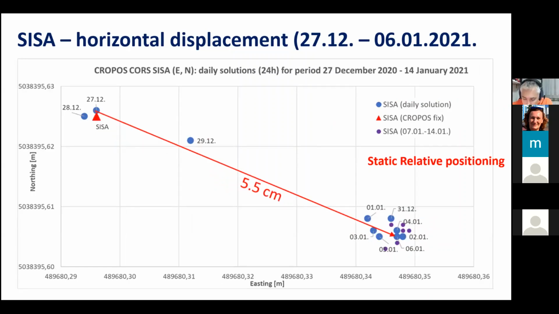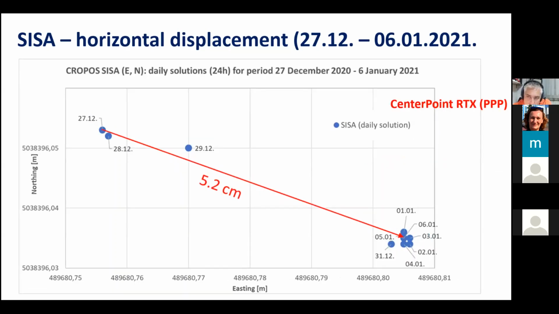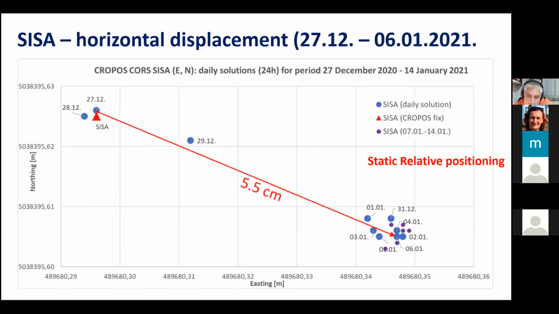We have also results obtained by static relative positioning, and we can see that the results, the displacement, are much the same. So I'm going back to show you the results obtained by PPP method and the results obtained by static relative positioning. And you can see that there is a negligible difference in estimated horizontal displacement.